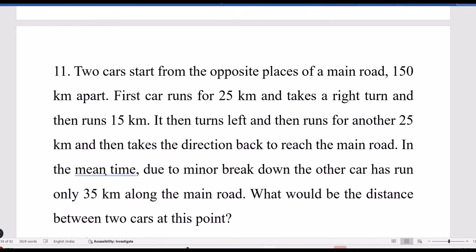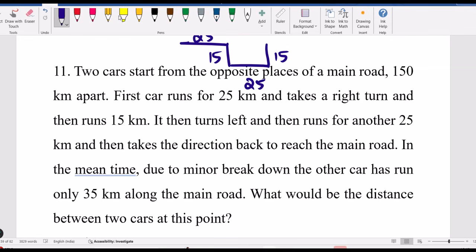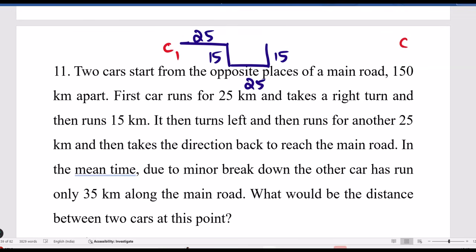So it's actually this 15 is waste, only 25 traveled. This 15 and 15 is waste for me. Car 1 traveled only 50 kilometers, as the distance between car 1 and car 2 should be 150. Still 100 more is the gap.